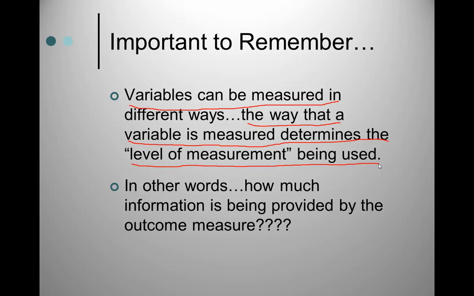The second thing, in other words, is how much information is being provided by the outcome measure. I guess I'm going to get on my soapbox here. Since I did do the testing at our campus for a while, it was one thing to go through the mechanics of giving the COMPASS test and getting the students all set up and ready for it.